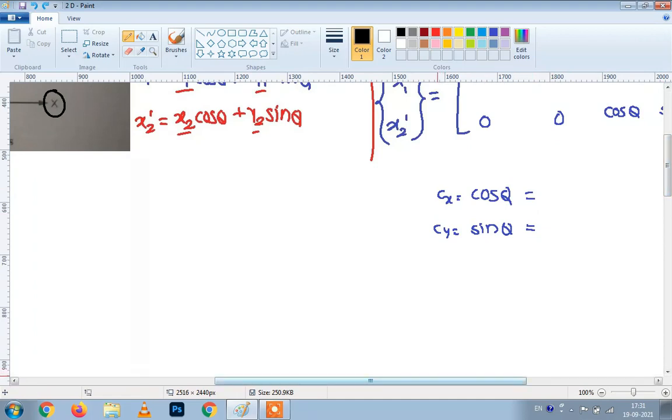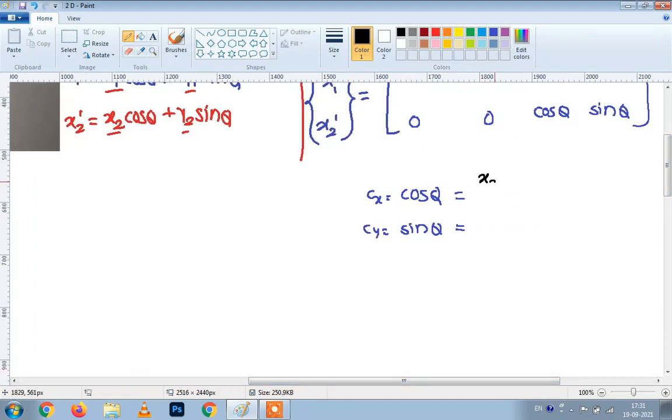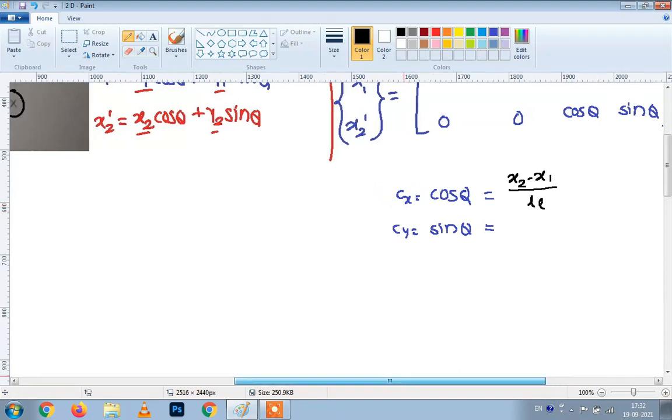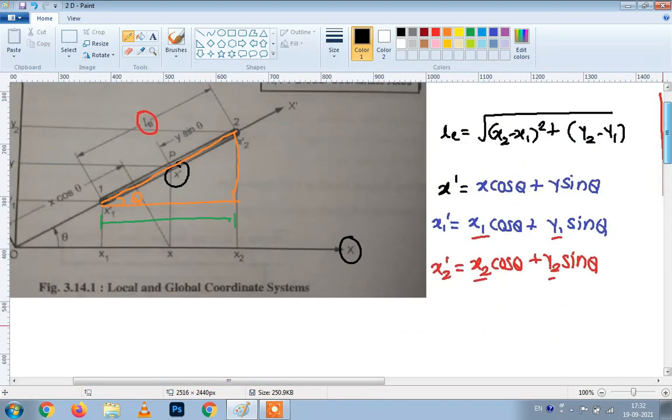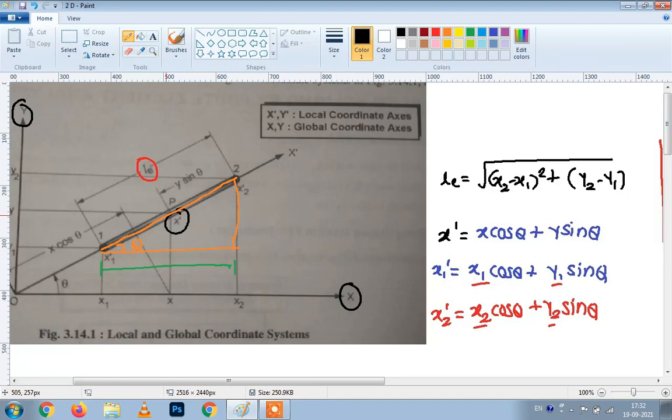So in this triangle we are getting cos theta equal to, in terms of global coordinates, x2 minus x1 upon LE. And in this similar triangle we will get sin theta equal to this distance.